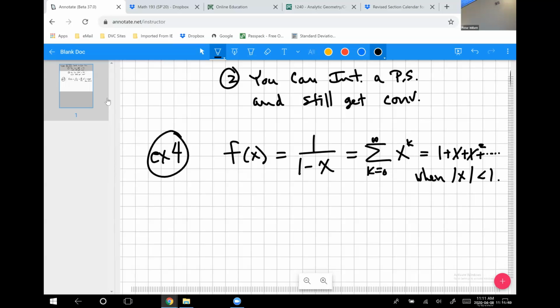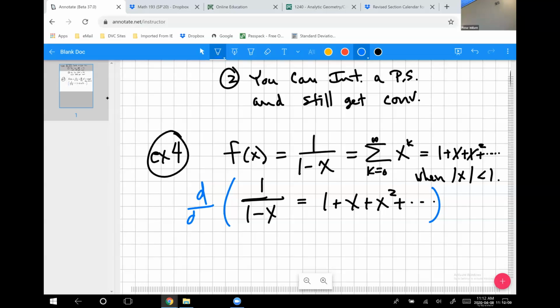Well, imagine that I had this equivalency, and that I took both sides and I took the derivative with respect to x.